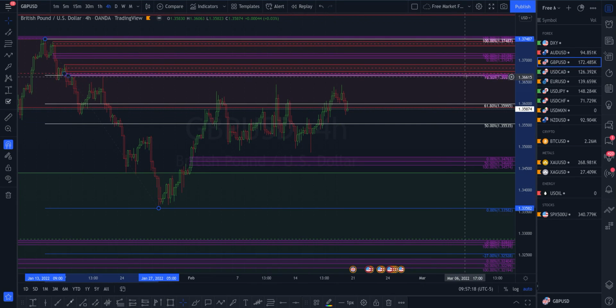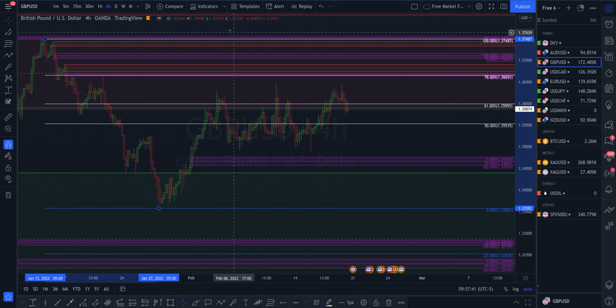We have our 78.6% sitting in the middle of imbalance just before an unmitigated 4-hour supply.